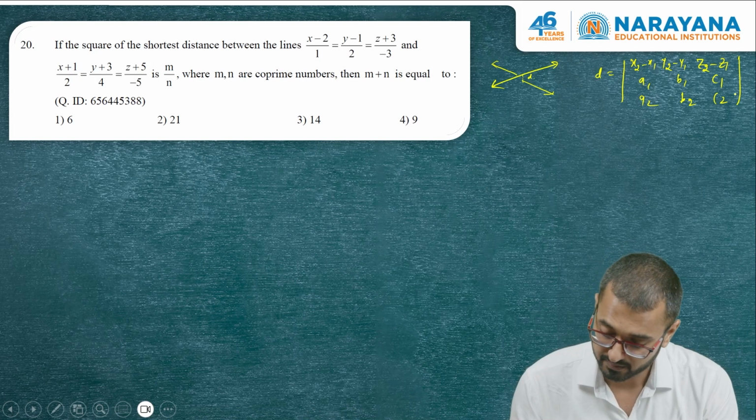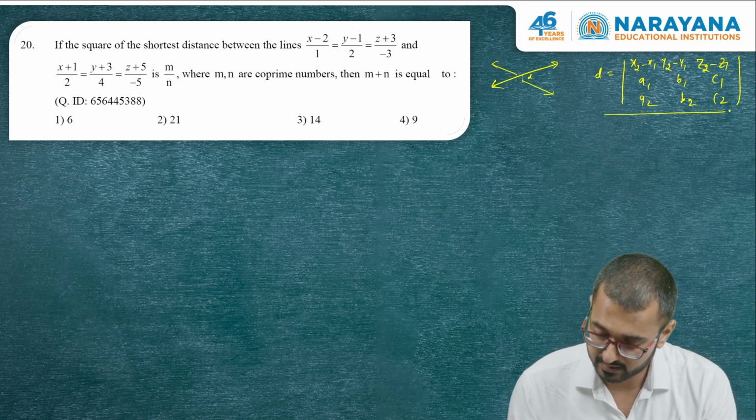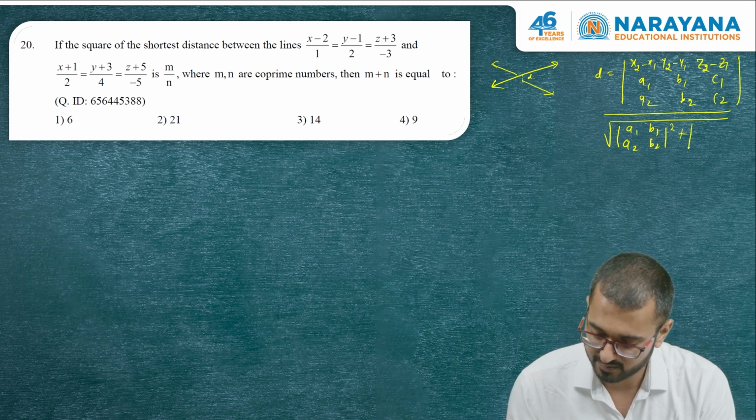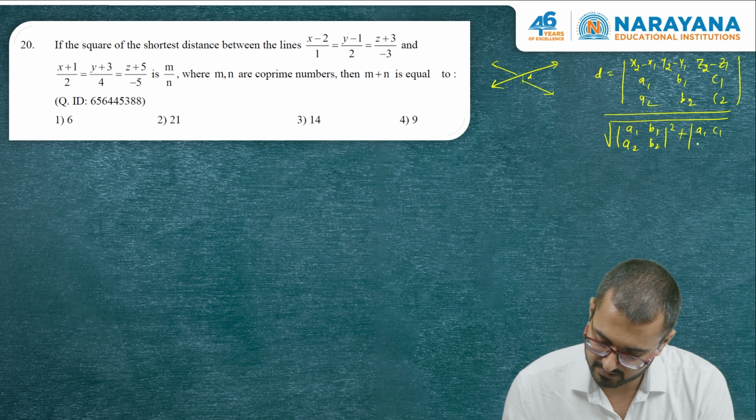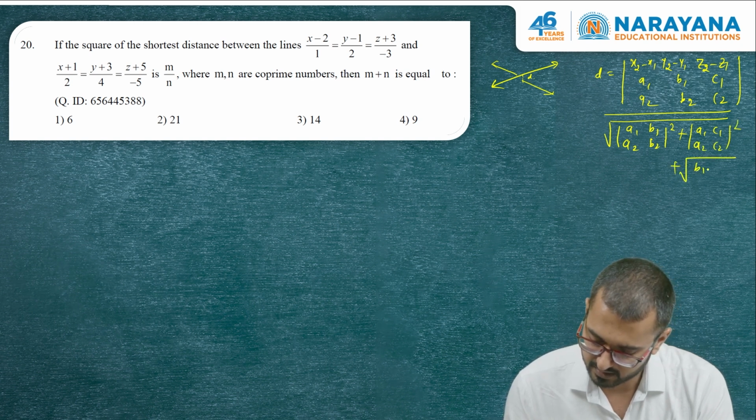Now this over the square root of these small determinants: a1, b1 over a2, b2, squared, plus a1, c1 over a2, c2, squared, plus b1, c1 over b2, c2, squared. This is inside the root only.